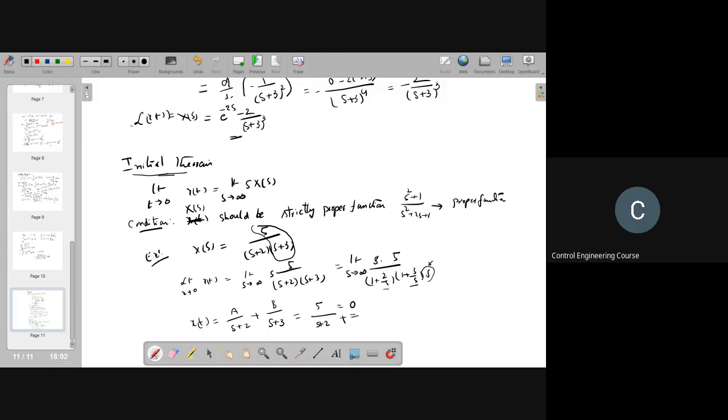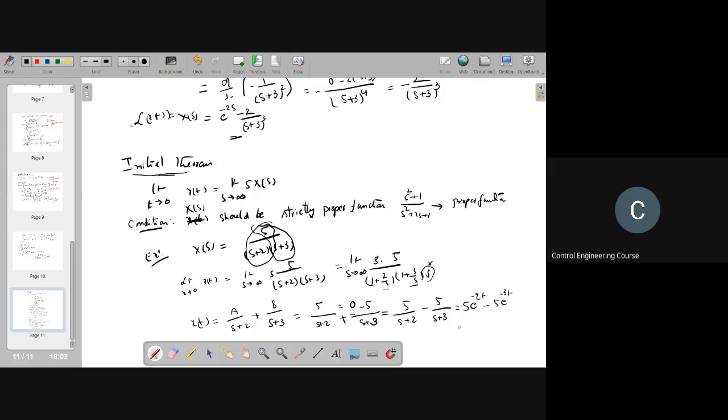Now substitute s equal to minus 3 in this one, then you will get minus 5. So this is 5 by s plus 2 minus 5 by s plus 3, which is equal to 5 e to the power of minus 2t minus 5 e to the power of minus 3t.